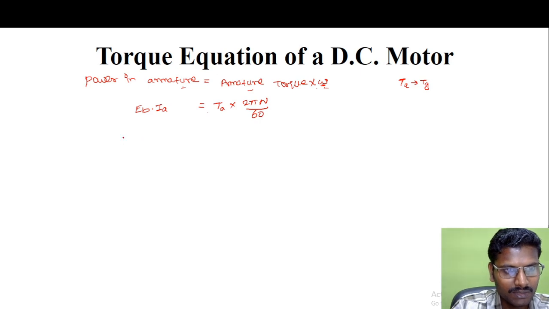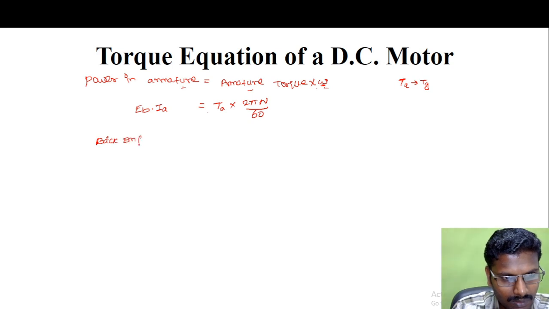From this, we already know the back EMF, EB, is equal to φPNZ divided by 60A, right?